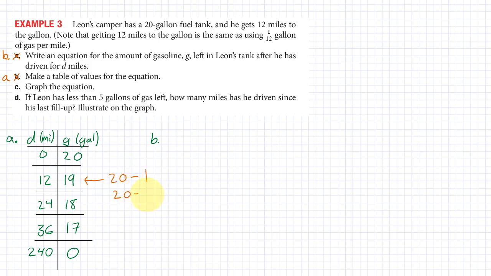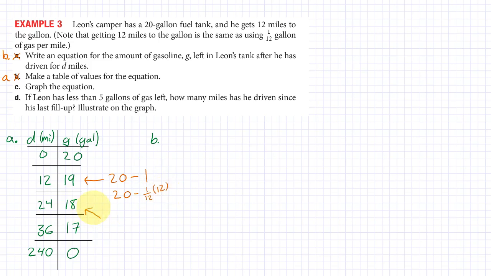I'm going to write it as 20 minus 1/12 times D, or 1/12 times 12, because that's what that number 1 means: it's 1/12 of 12.